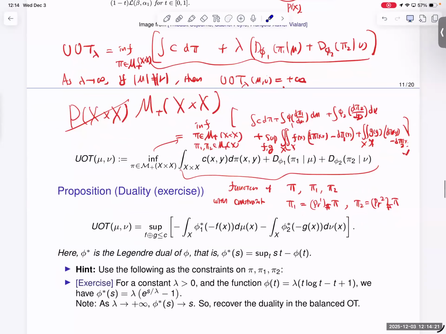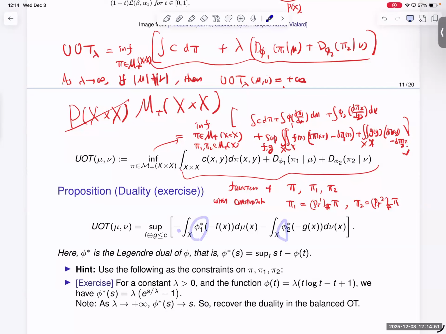At least what I can tell is, if you just weight the phi divergence, for example in the KL divergence case, with lambda, then as lambda goes to infinity, the thing should go to the usual dual of optimal transport, because in that case phi star will converge to just the identity.